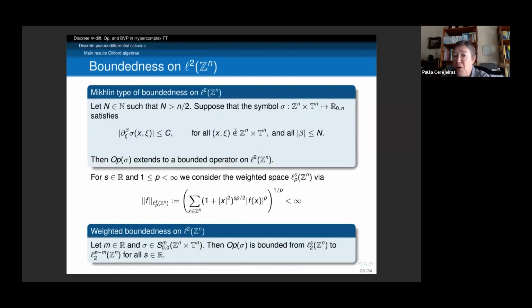The boundedness of an operator simply imposes that the derivatives in the frequency domain are bounded, and this constructs a relatively nice space.